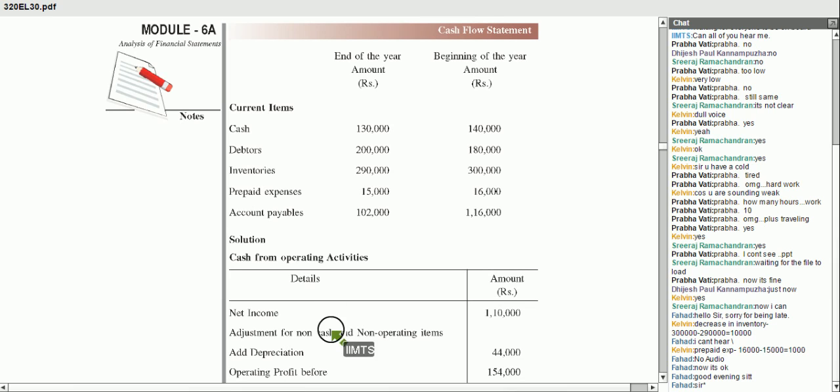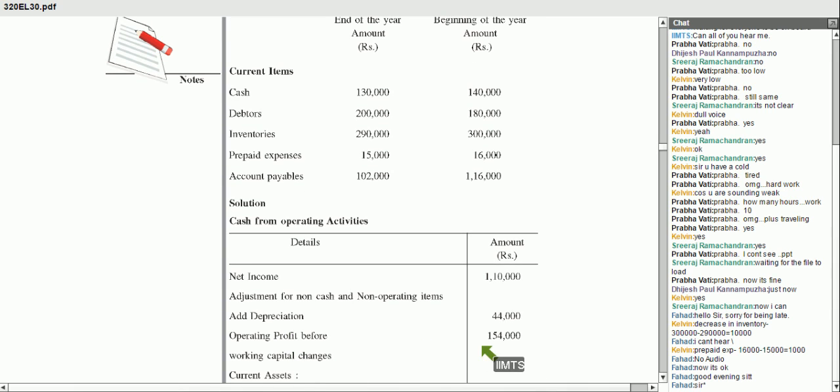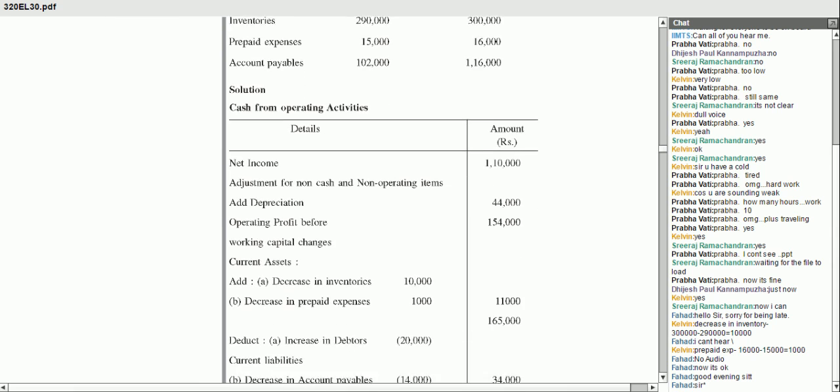Net income plus non-cash and non-operating items makes a total of 1,54,000.